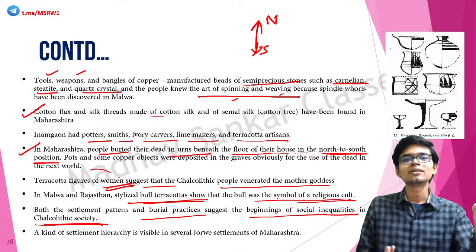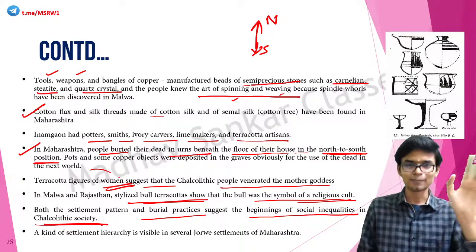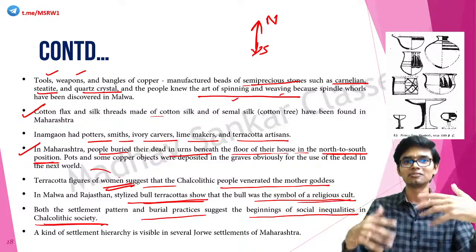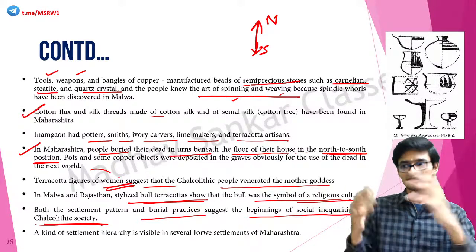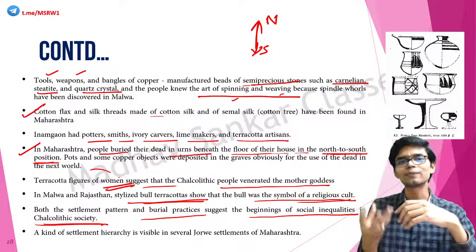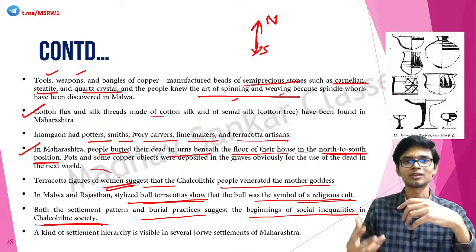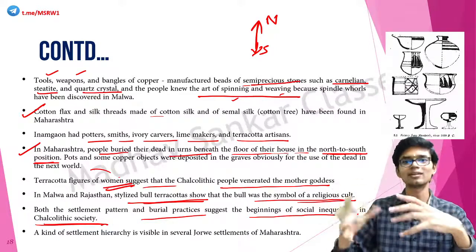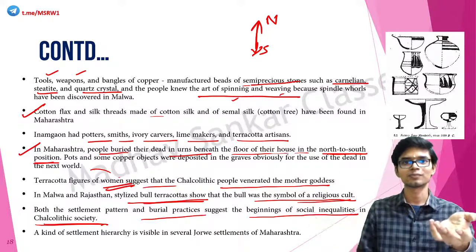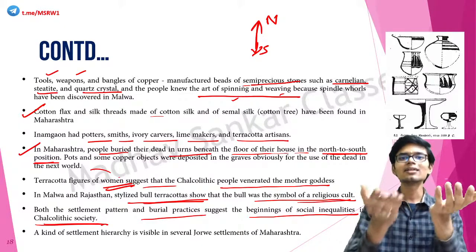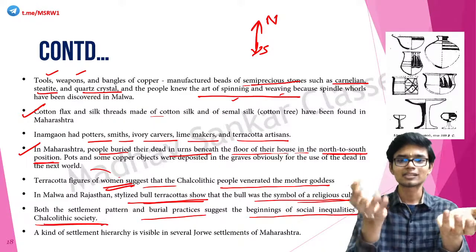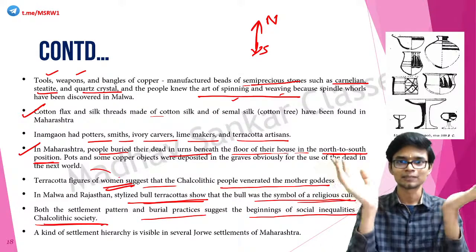So what does this mean? The first example is that of a very wealthy, very influential personality. And the second is the example of a very poor personality, not well off enough. Otherwise he could also have buried very costly articles. So clearly there has been some inequality in the society.